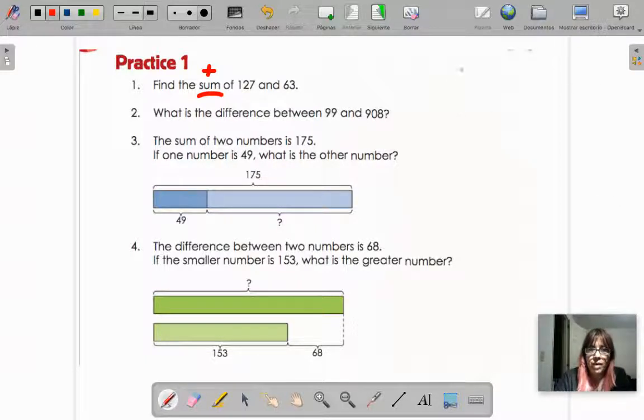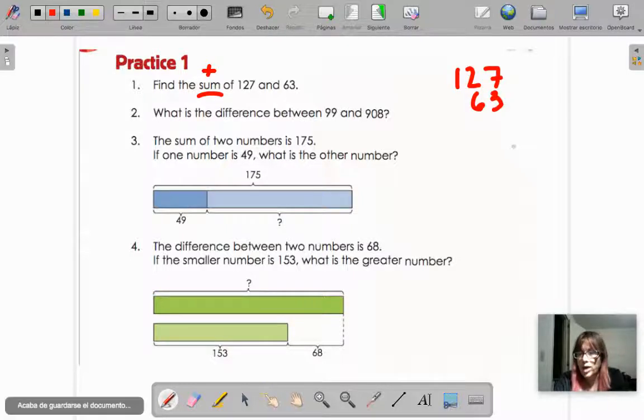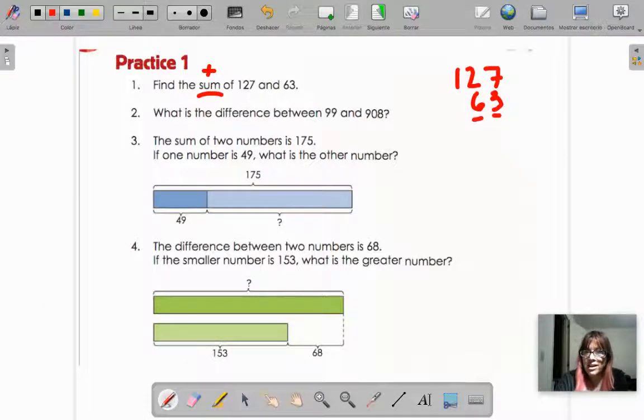So I'm going to write 127. This is what you do on a paper or your whiteboards, and 63 down. Just remember how to write the 63. Remember, in 63, the 3 are the ones and the 6 are the tens. This is very important that you don't write it like here.